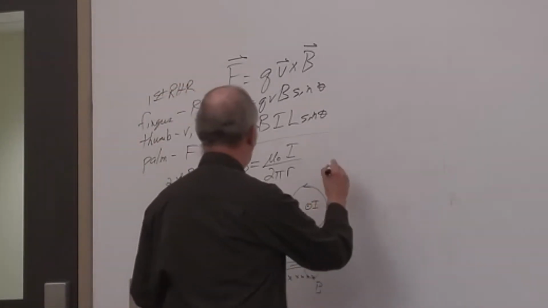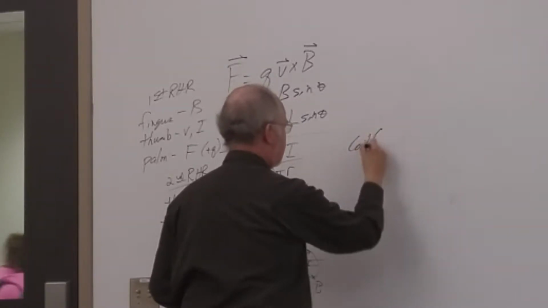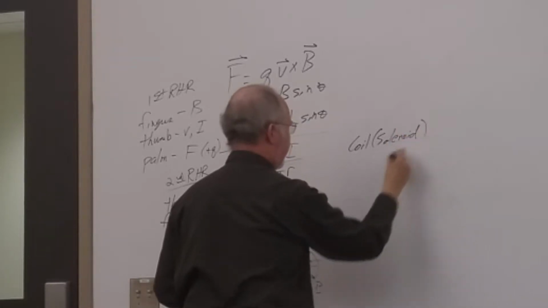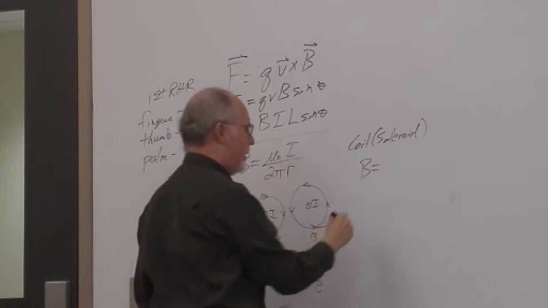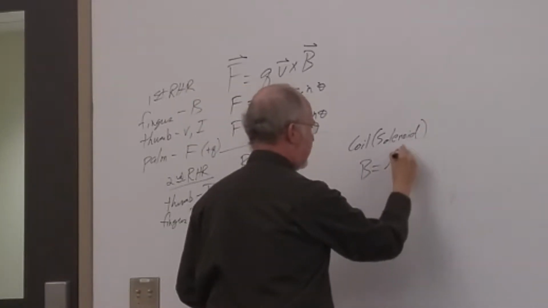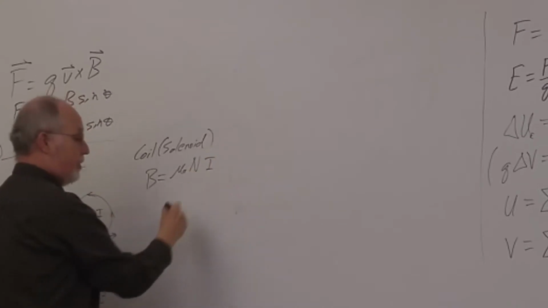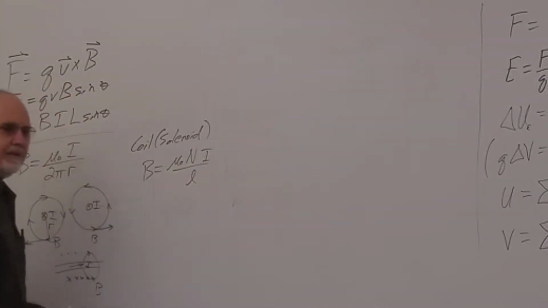For a coil or a solenoid, same, just a different word for that. The magnetic field down the center of the coil is mu naught times the number of turns in the coil, number of loops, times the current divided by the length of the coil.